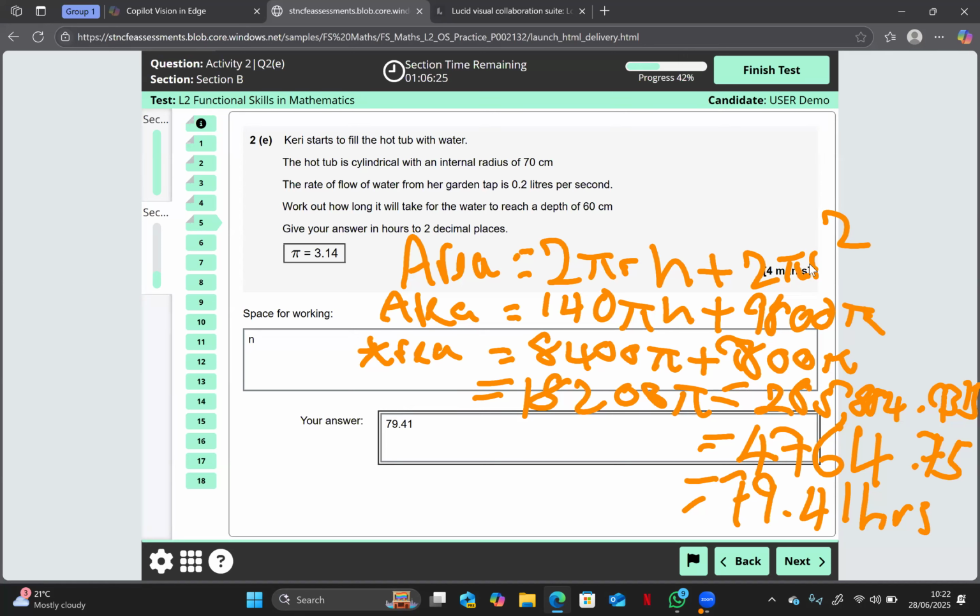However, we want it in hours, so we divided by 60 to find the minutes, which is 4,764 minutes, and divide that by 60 again, which is 79.41 hours. So the answer would be 79.41 hours, guys.